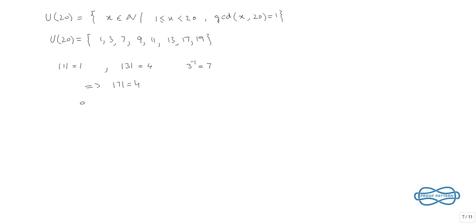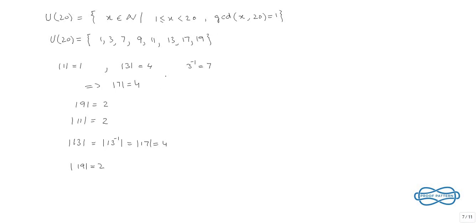The order of 9 is 2, and 9 is its own inverse. The order of 11 is also 2, because 11 squared is 121, which is congruent to 1 mod 20, and the inverse of 11 is also 11. The order of 13 and its inverse, which is 17, is 4, and the order of 19 is 2.